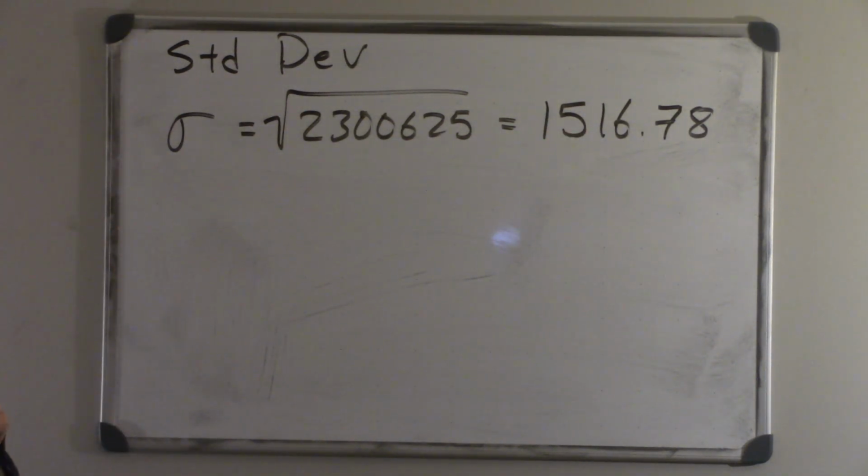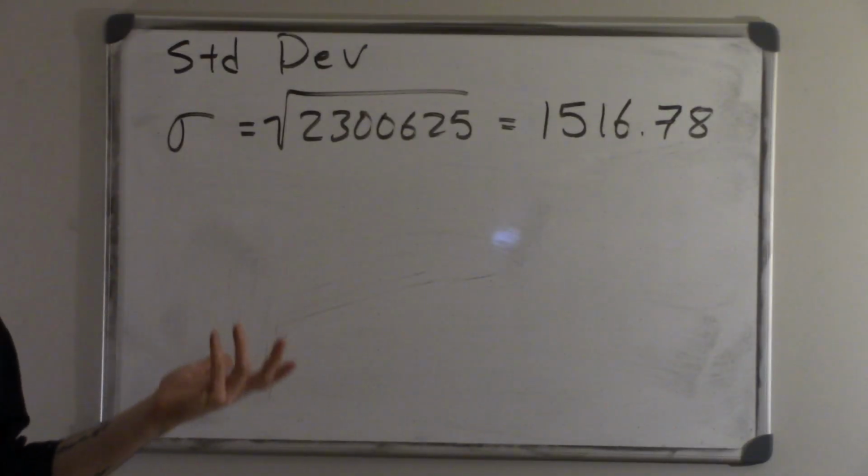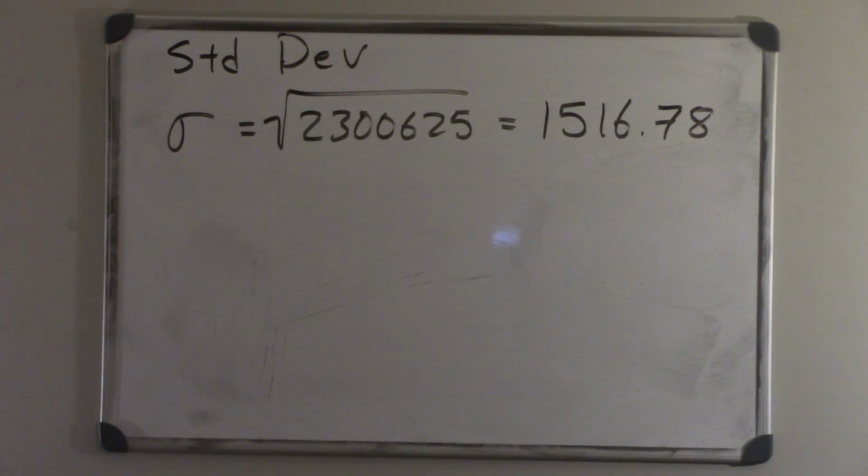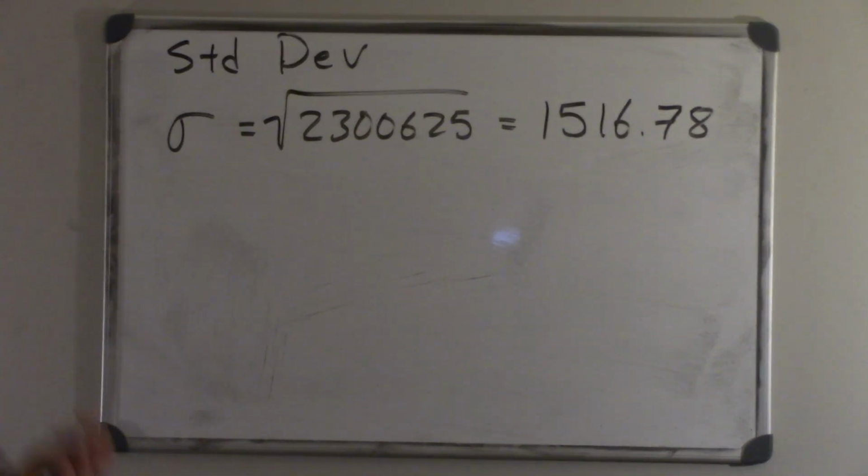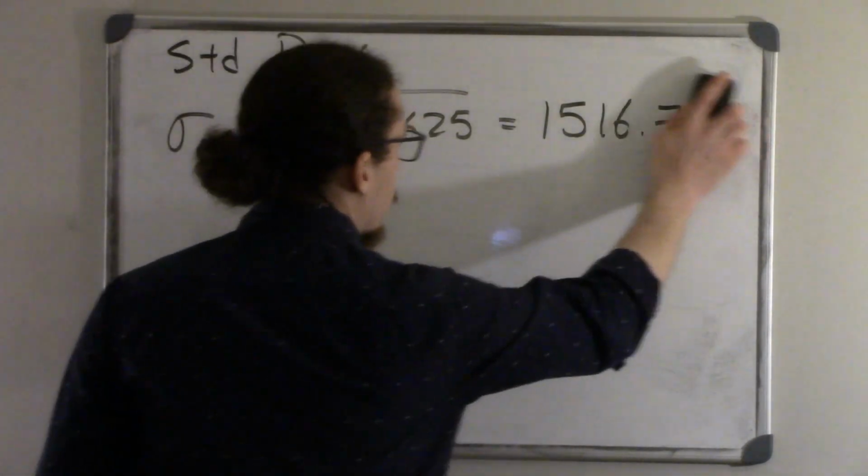And this is back in the original unit, so $1,516.78. That would be our standard deviation. Now, by themselves, these numbers might not necessarily be very helpful, and so what we need to do is find the same values for option B.